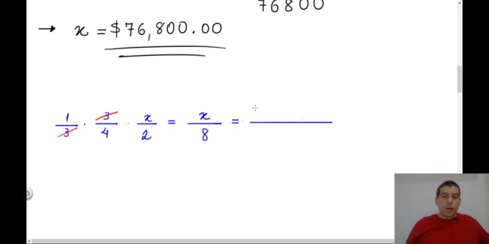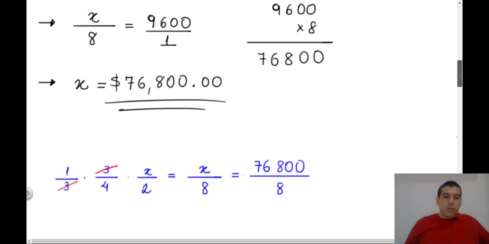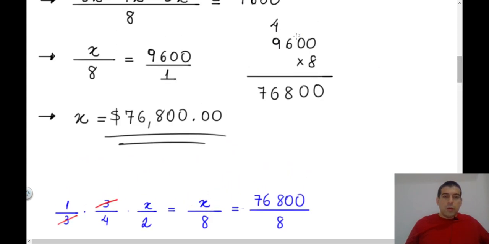So it will be what? It will be 76,800, that will be the value of X that we evaluated before, divided by 8. Okay, look, we already know this answer because previously here we multiplied 9,600 by 8, and we got the result 76,800.